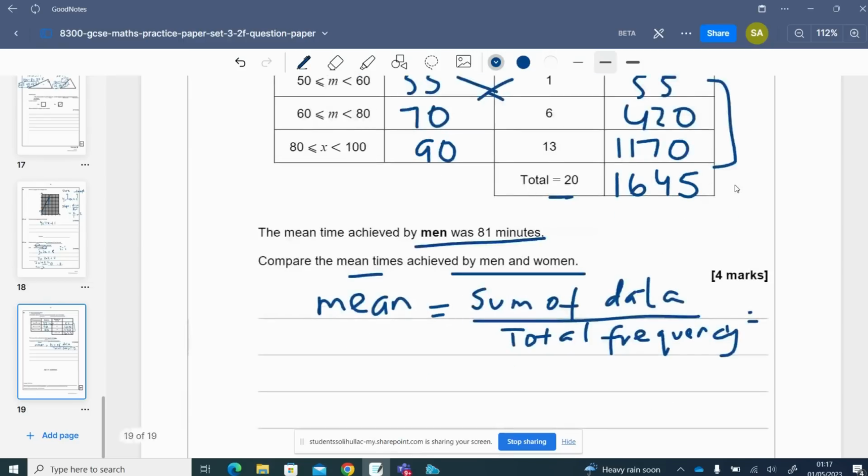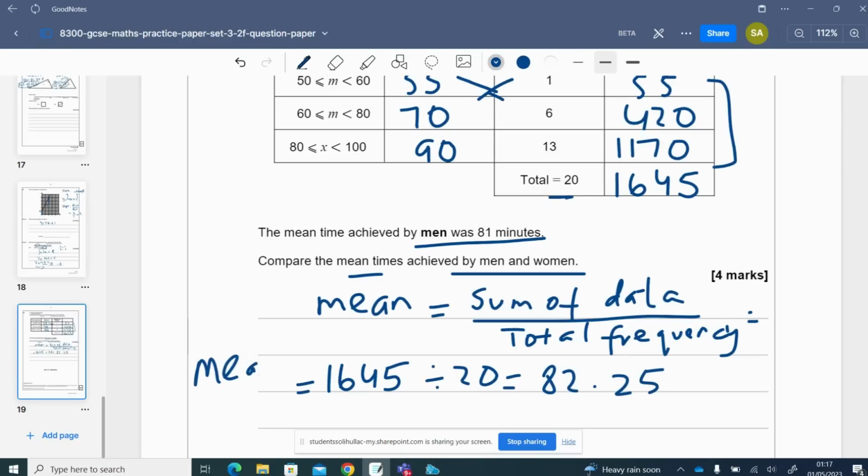The mean of women's data is 1645 divided by 20, and that gives you 82.25. And that is the mean of women.